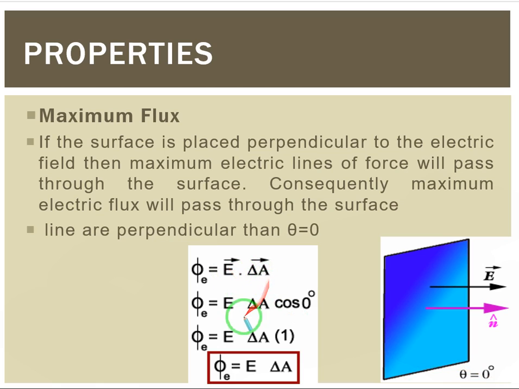So E dot A, EA cos theta, and theta is equal to 0 and cos 0 is equal to 1. So you have a maximum electric flux when your surface is perpendicular to the electric field lines or electric field intensity, where the angle between the electric field intensity and the area will be 0.